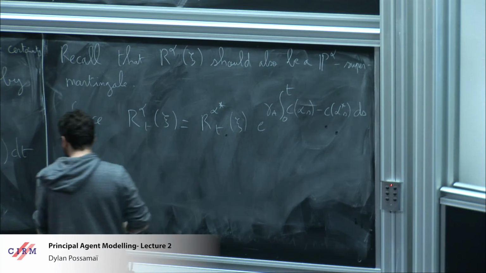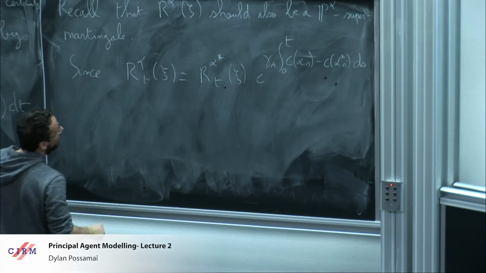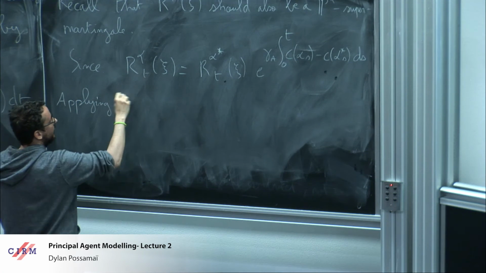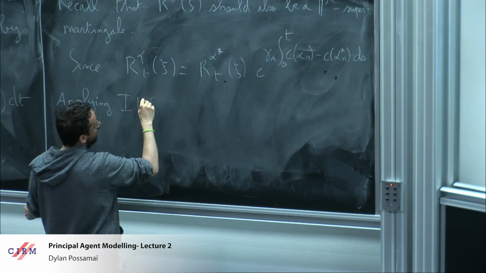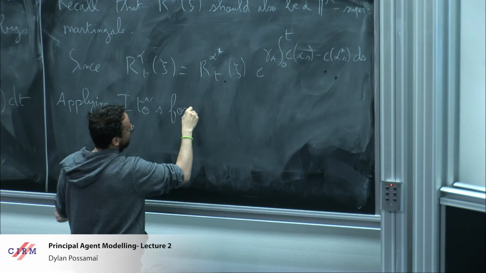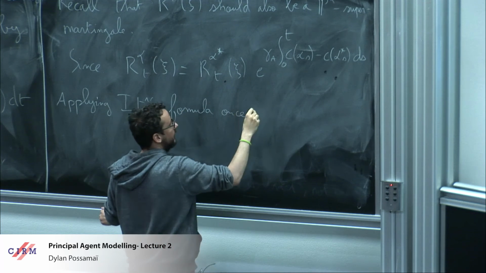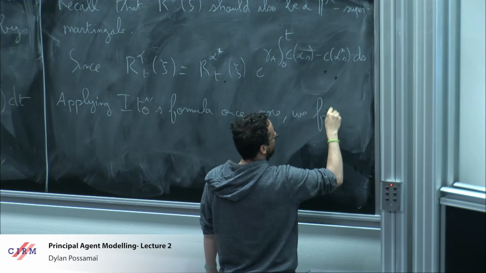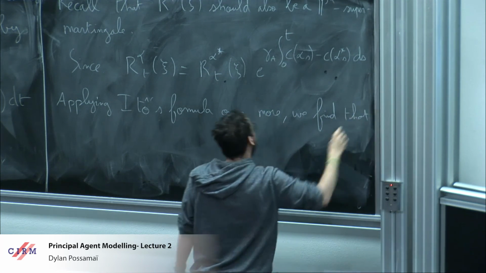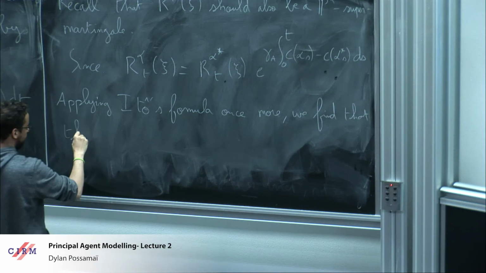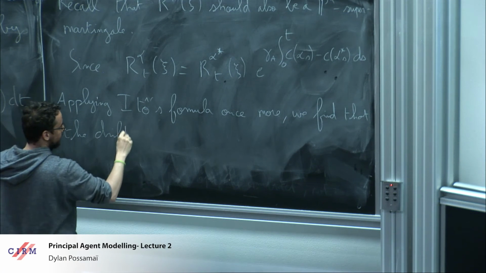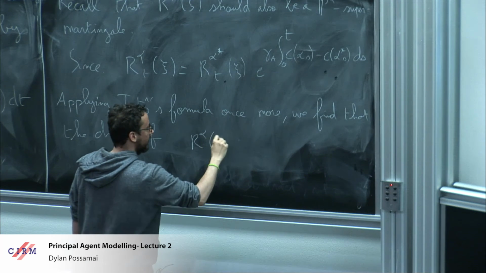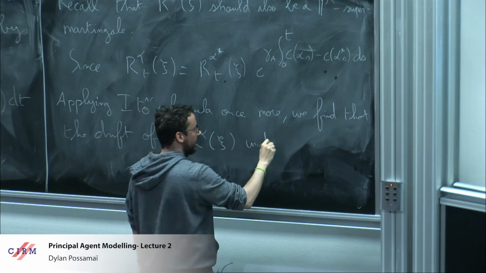And trust me, if you apply Ito's formula once more, we're going to find that the drift of R alpha under P alpha.